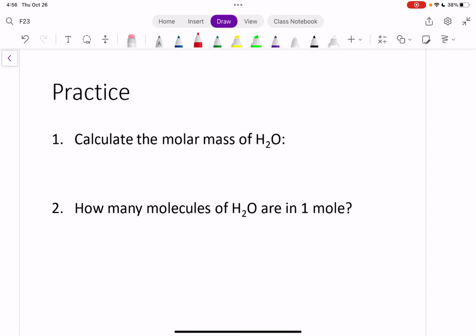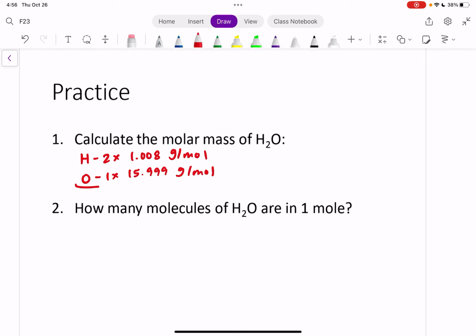So calculate the molar mass of H2O. So let's see, we've got 2 H's and 1 O. So I'm just going to write that down. Each H atom, hydrogen atom, weighs 1.008 grams per mole. And remember, I'm getting that number from the periodic table. That's the bottom number on the periodic table. And then for oxygen, the periodic table I'm looking at says 15.999 grams per mole.